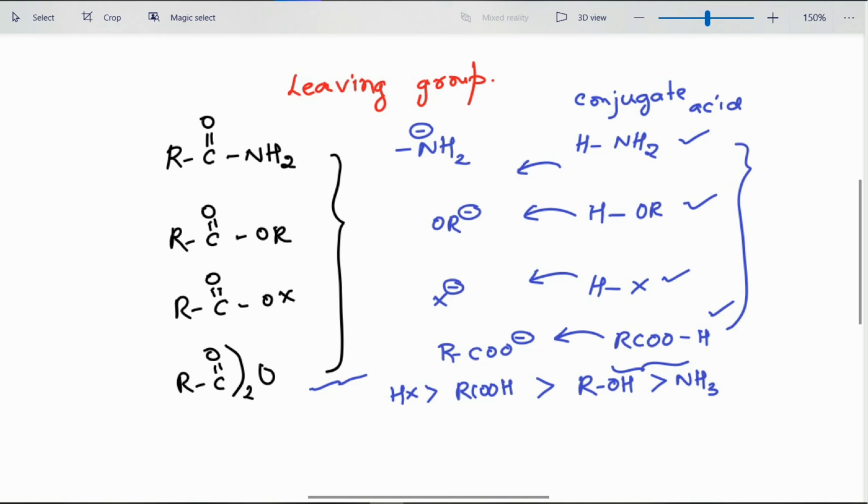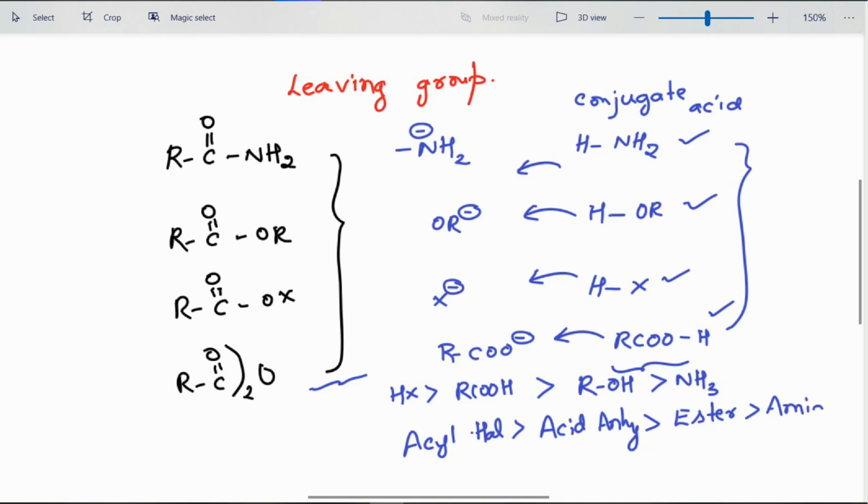If you consider the reactivity in the SN1 reaction, what we observe is that acyl halides are more reactive than acid anhydrides, which are more reactive than esters, and these are more reactive than amides.